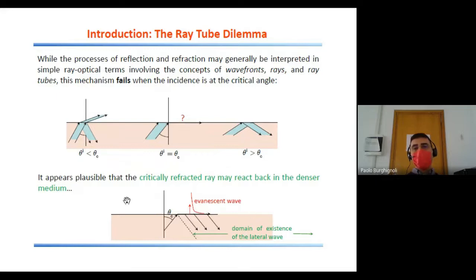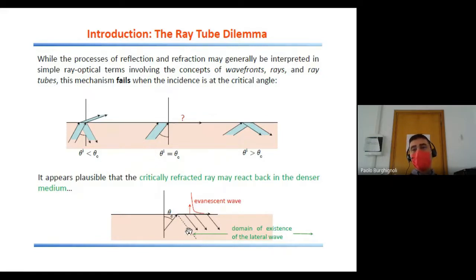And this is the mechanism that is illustrated in the bottom figure, where we consider the incident ray that emanates from some kind of source which is present in the lower medium. Now, this emitted ray at the critical angle produces the refracted wave, that is the evanescent wave that propagates horizontally. But during this propagation, there will be some power that comes back in the denser medium, and it will do that exactly at the same critical angle as before.